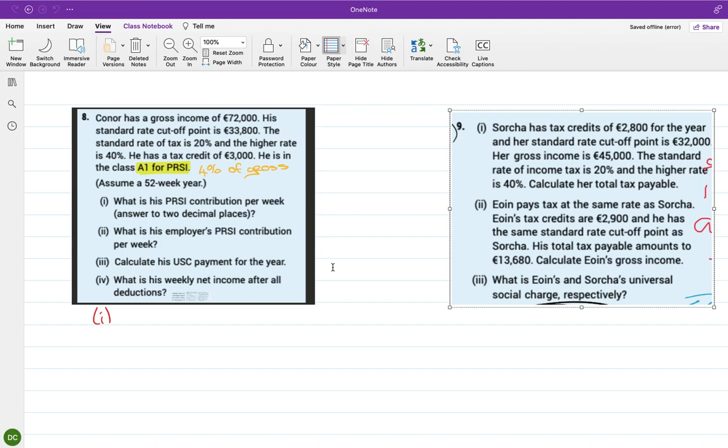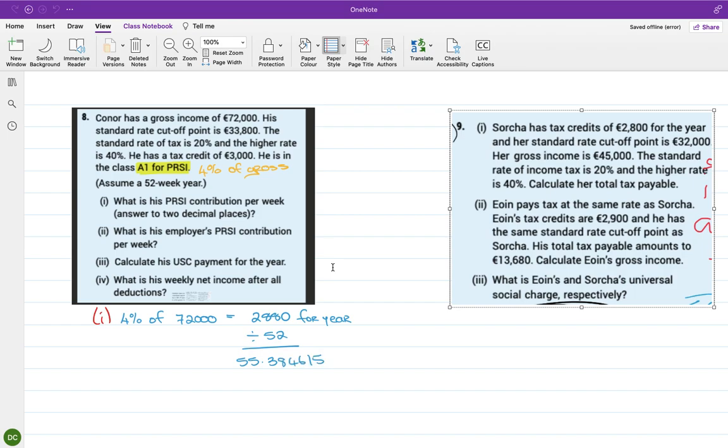Okay, so it is 4% of gross, and the gross is 72,000. So that is 2,880. That amount is for the year. So if we divide it by 52, because there's 52 weeks in a year, his weekly contribution is 55.384615.